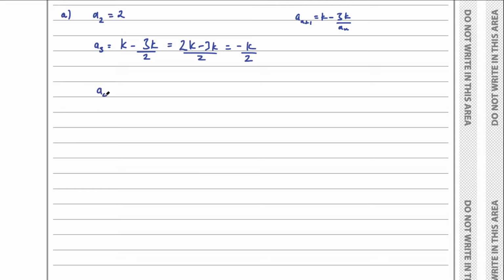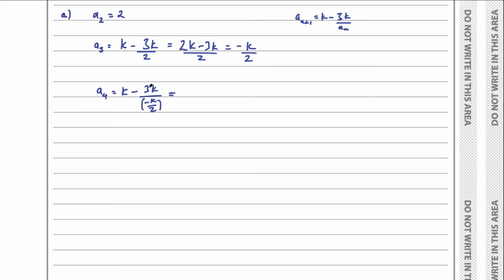Then a sub 4 is going to be, well, substitute it into this one here. We would have k take 3k over negative k take 2, negative k over 2. Simplifying this, we would flip and multiply that denominator.